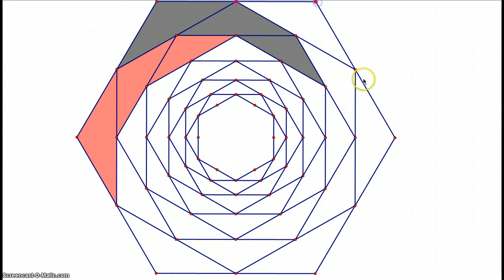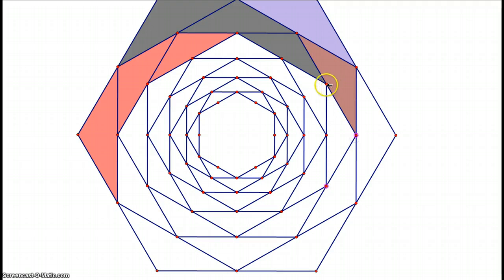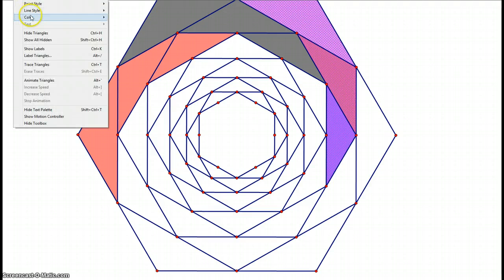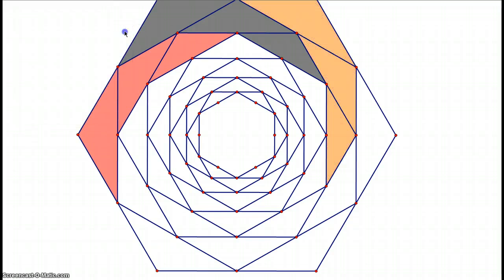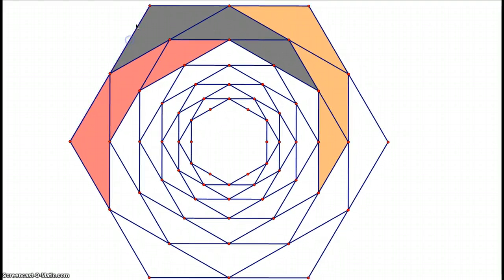Then we're going to have this spiral, and as you can see, each one of these spirals starts off at a side. So in order to start a spiral, you need a side to start from. And so the number of sides we have is 6. Therefore, the number of spirals we have is also going to be 6.